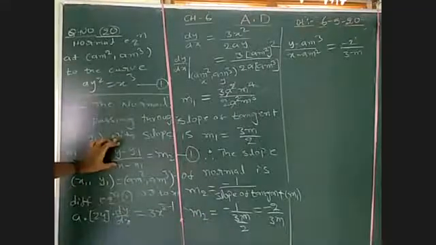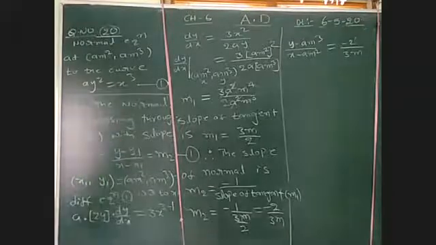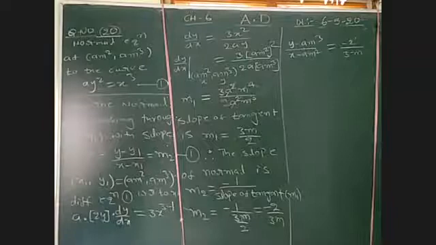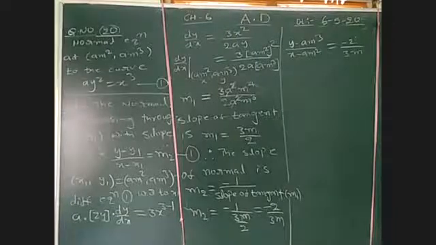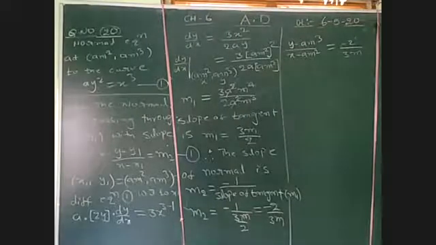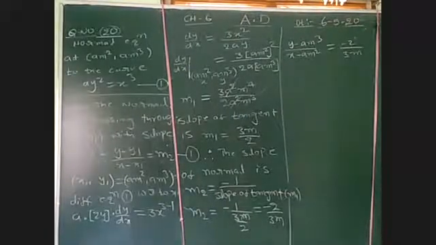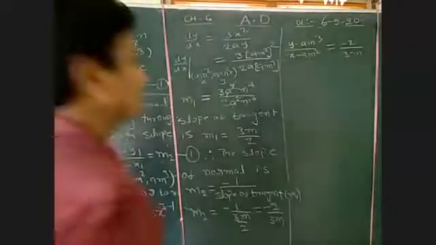This is the equation of a line. Every normal is a line, every tangent is a line. Just cross multiply and simplify, you will get the answer.